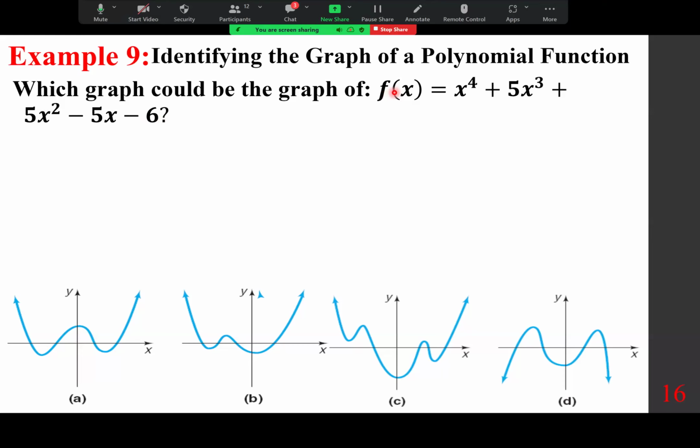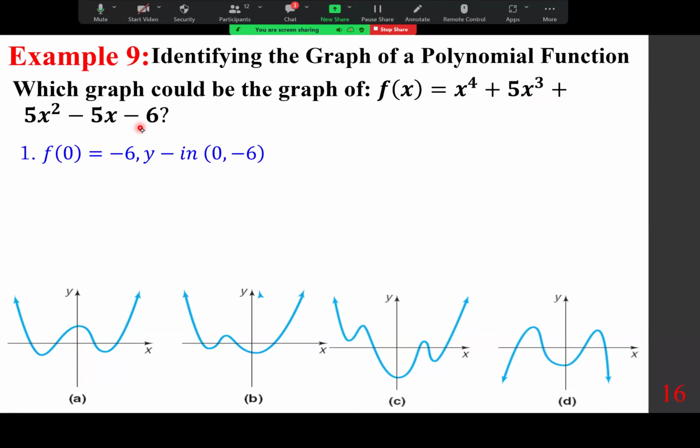Notice that whenever you have a function in this format, your y-intercept is the constant. F of 0 is -6, so the y-intercept is at 0, -6.